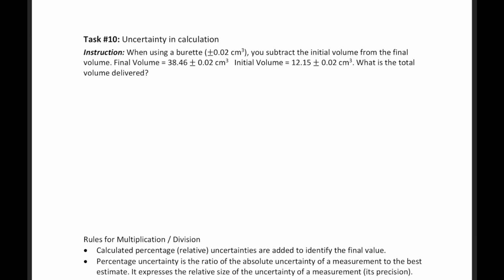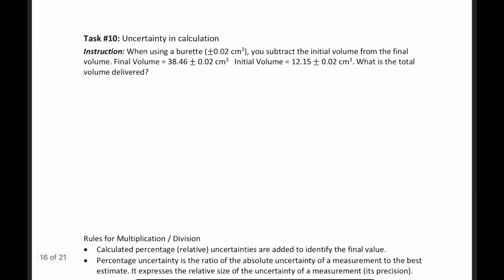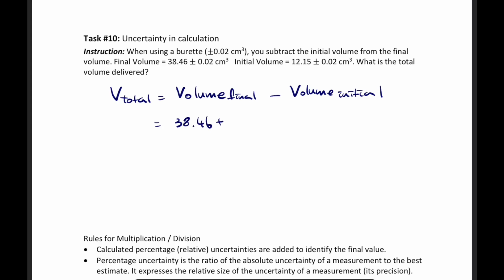We can do volume total equals volume final minus volume initial, so 38.46 plus minus 0.02 cm³ minus 12.15 plus minus 0.02 cm³.